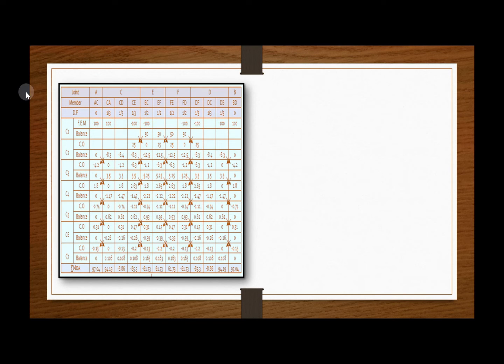Joint E, member EC, naging 50 siya because fixed end moment, negative 100, times distribution factor, which is 1/2.